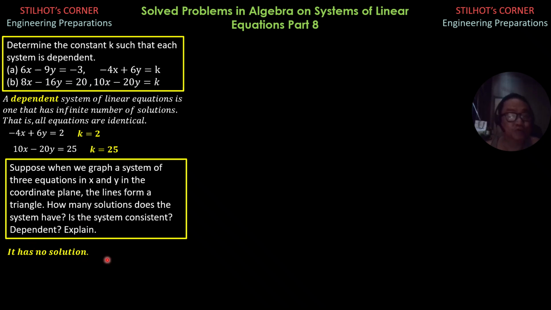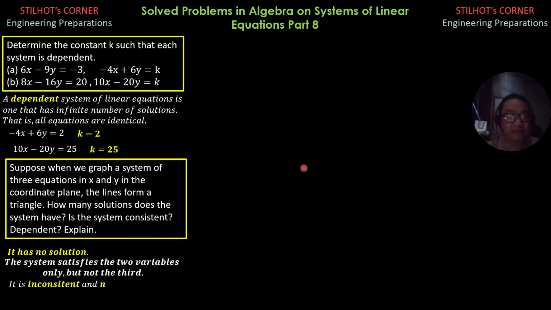So it has no solution, and therefore it is inconsistent and not dependent. The system satisfies the two variables only, but not the third, and therefore it is not dependent, and it is inconsistent because it has no solution.